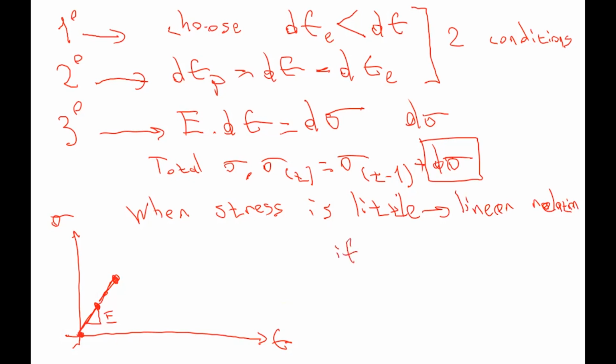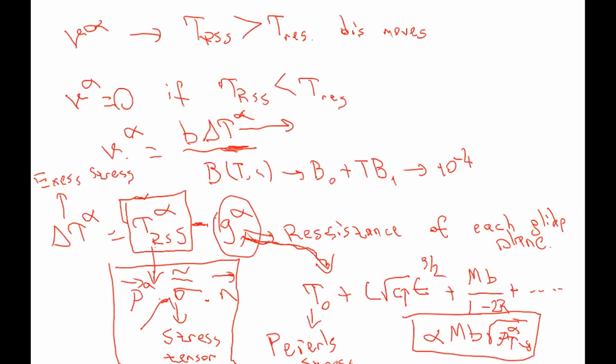All right. If delta tau alpha is greater than 0, then the velocity, we know the velocity. Where is the formula? All right, let's go back here. If the resolved shear stress is less than the lattice resistance, the velocity is 0.